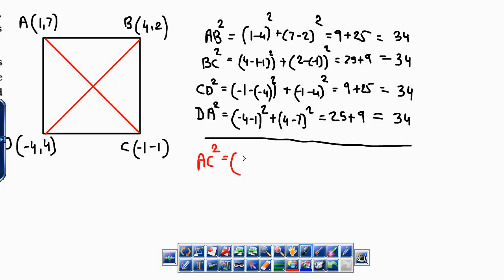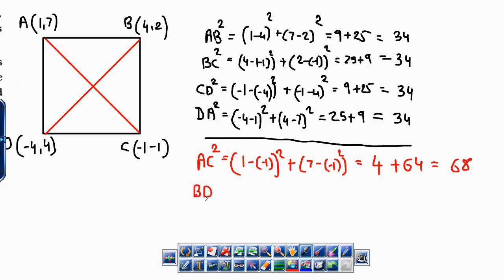AC square is (1 minus minus 1) square plus (7 minus minus 1) square. 1 minus minus 1 is 2, square is 4, plus 7 minus minus 1 is 8, 8 square is 64. The answer is 68. And because it is a square, both the diagonals are equal, so I expect BD also to be 68. (4 minus minus 4) square plus (2 minus 4) square, 64 plus 4, 68.